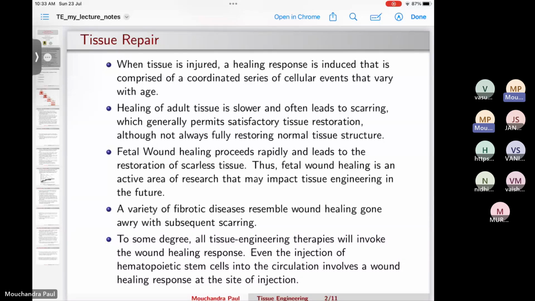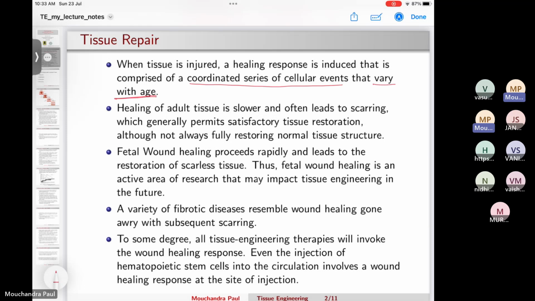So when the tissue is injured, a healing response is induced that is comprised of a coordinated series of cellular events. And how fast these events will proceed, and the number of cells involved, these all vary with the age of a person.